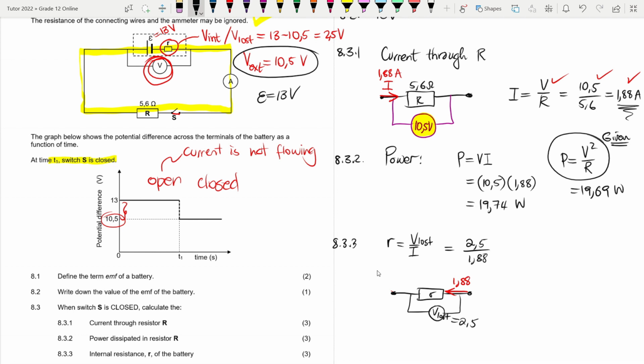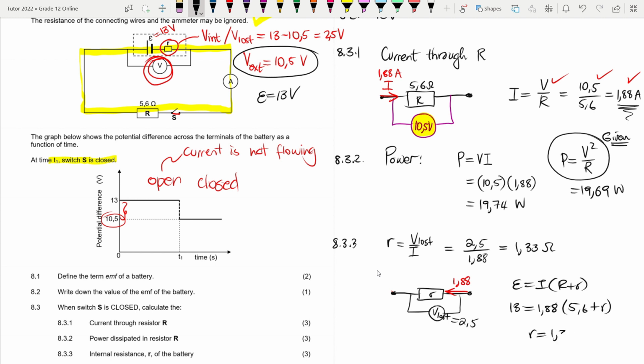You can definitely use that equation, and then you get your answer. We can also use the EMF one. You have everything that you need: 1.88, external is 5.6, internal is unknown.